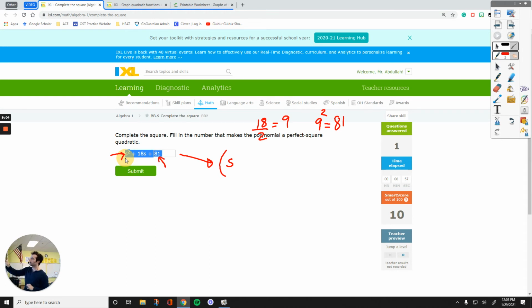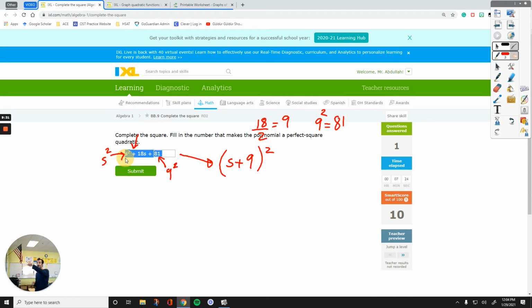Isn't that 81 equal to 9 squared? So that 81 is 9 squared. The sign in the middle tells me the sign between these two, and then everything is squared. That's what it is equal to.